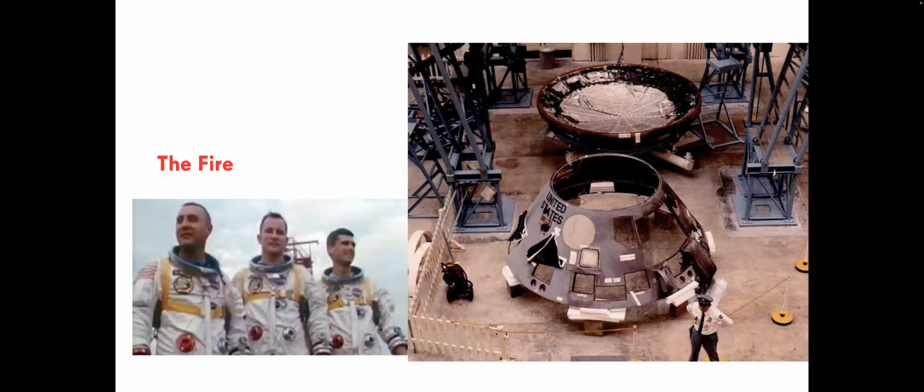And unfortunately, on January 27th, 1967, all of those problems came to a very bad end. There were some problems in the wiring due to those problems I just talked about. And people were testing in a 100% oxygen environment, which is the way the capsule was pressurized in space.